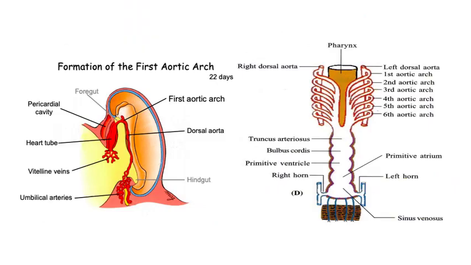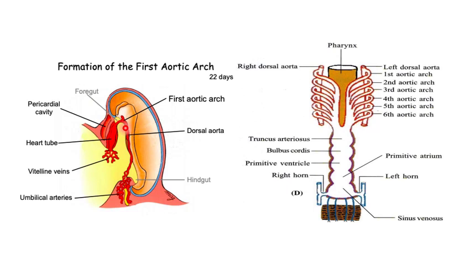And if you can see here, this is the one. So from the cranial end, the arterial end, the single tube may be called the first aortic arch, which flanks the developing foregut and joins with the dorsal aorta.